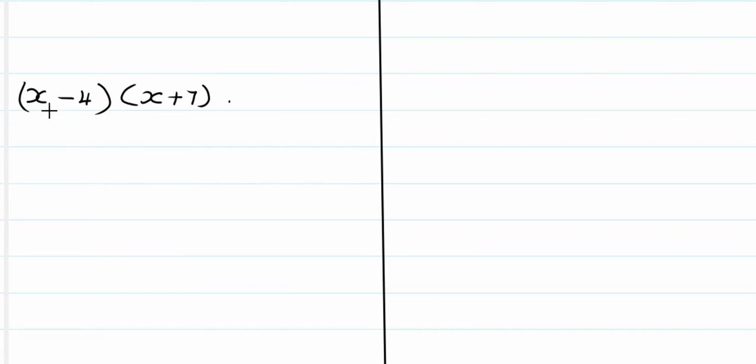So here we start with x, this one. We multiply by all the variables inside the second brackets, which is x plus 7. Then the second one here is negative 4. So I put negative 4 there into, again, x plus 7, like that.